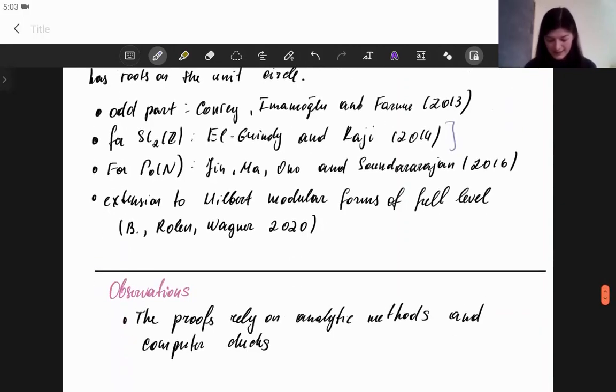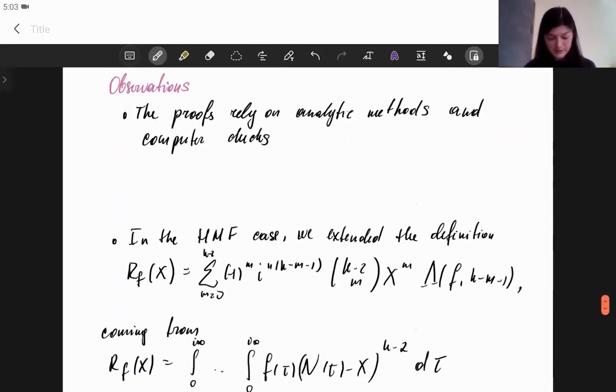Okay, as my last slide, I want to just make some observations about our proofs. In general, all the proofs that I've seen about the location of the zeros really rely on analytic methods and computer checks. So they use the fact that the polynomials are self-inversive. There are so many different definitions of self-inversive that I don't really want to get into.